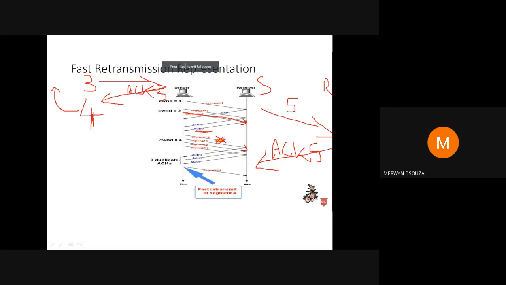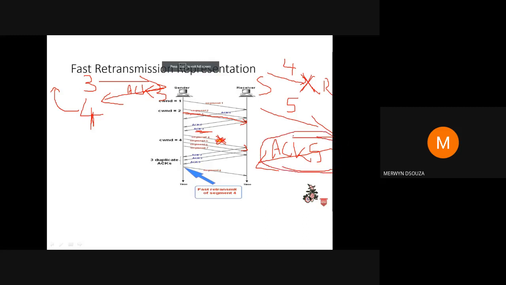But as you can see here, this is not the ideal case. The segment before segment 5, that is segment 4, has been lost. The receiver has not yet got it. So we cannot send the acknowledgement in this manner.